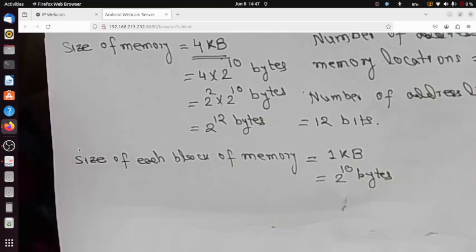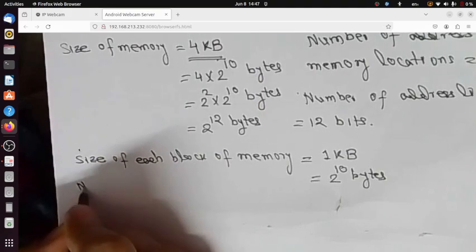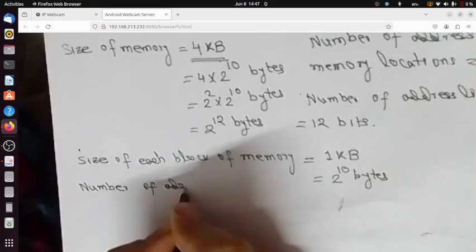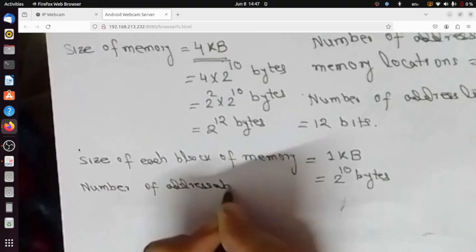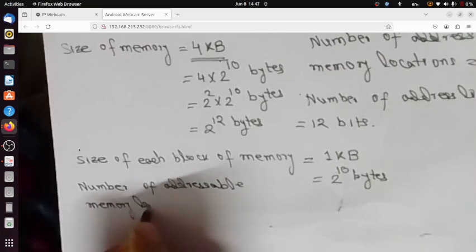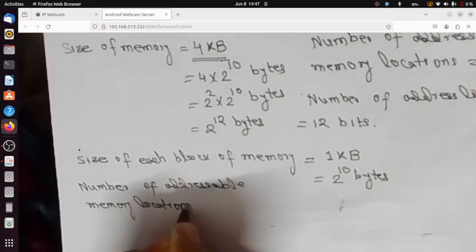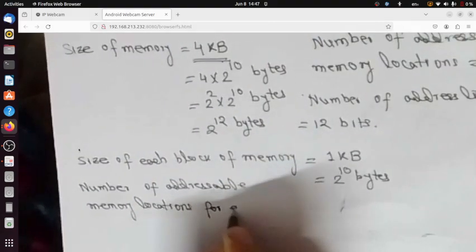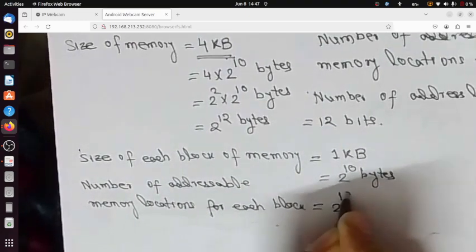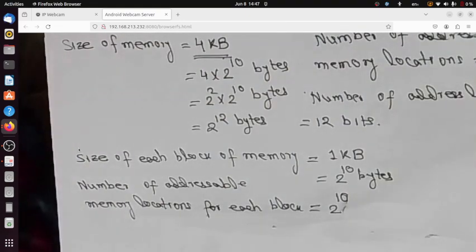The number of addressable memory locations for each block is 2 to the power 10, because it's a byte addressable memory, so 2 to the power 10 bytes.